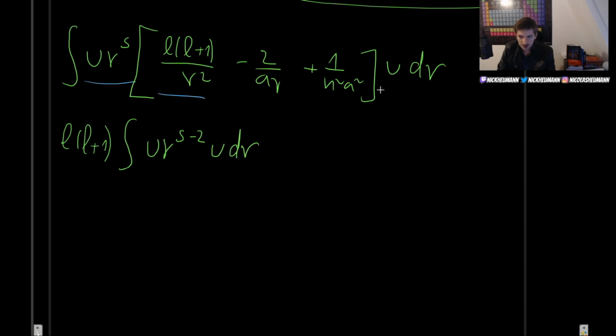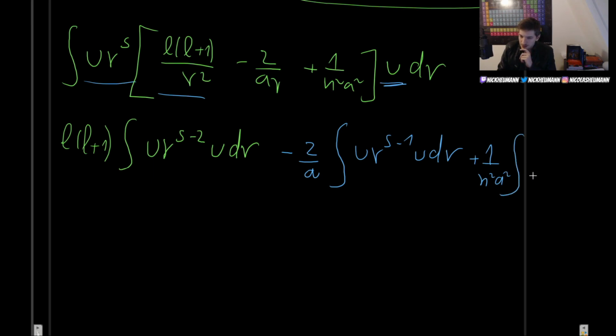So this times this, and of course, don't forget about the u dr. All right, second part, it's going to be minus 2 over a, integral of u r to the s minus 1 u dr. And finally, we have plus 1 over n squared a squared integral. This is going to be u r to the s u dr.